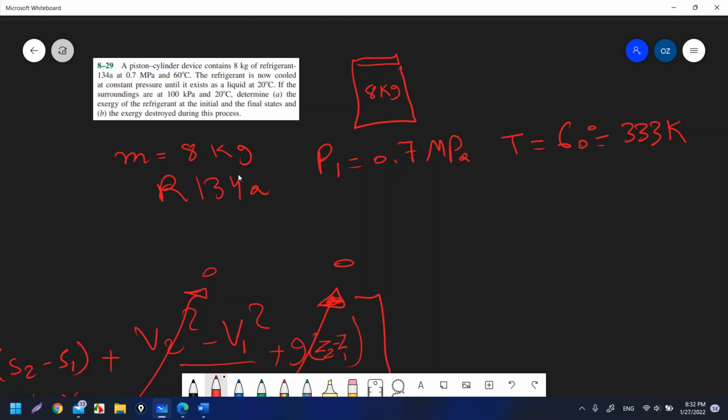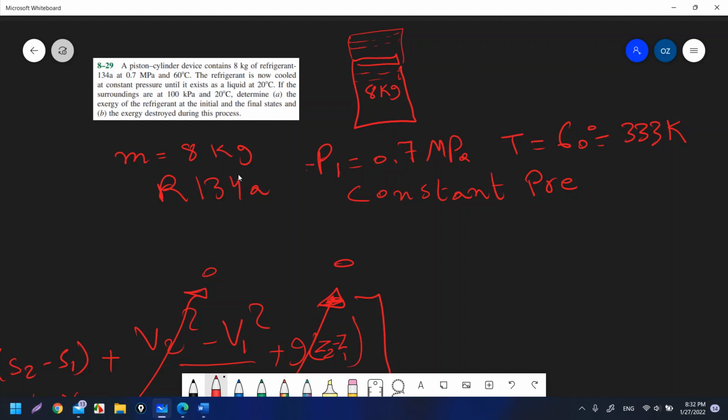The refrigerant is now cooled at constant pressure. When he says constant pressure, it means a quasi-equilibrium process. The piston is moved down or up under a constant pressure, meaning P1 will remain constant at 0.7 megapascal.